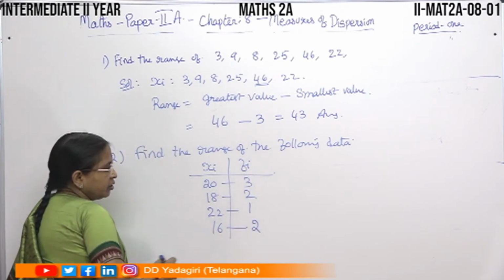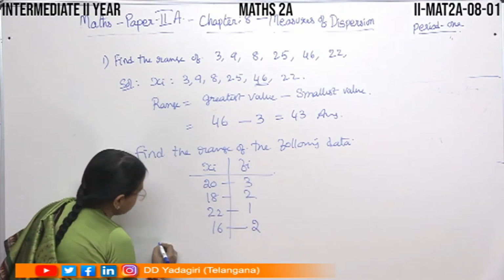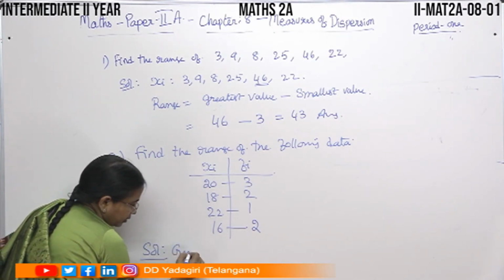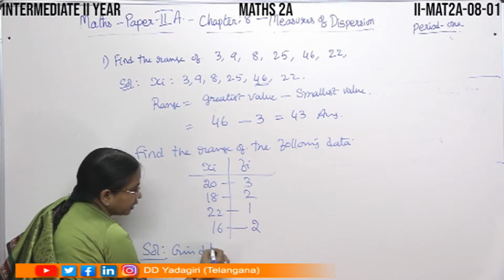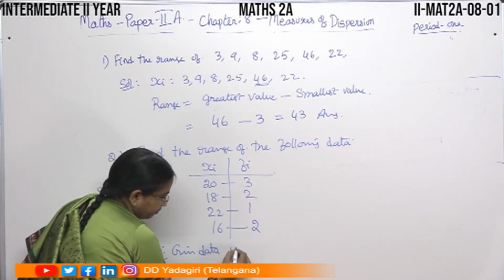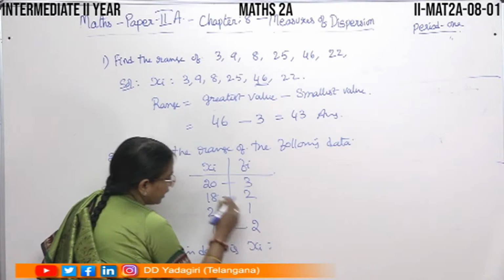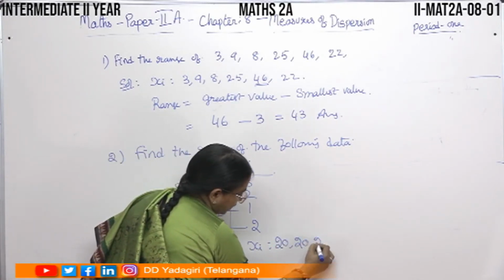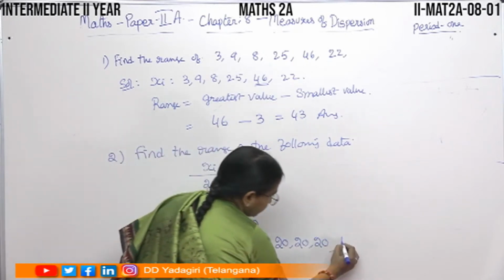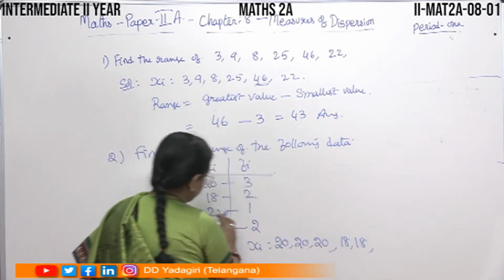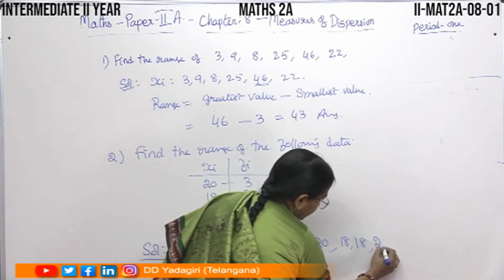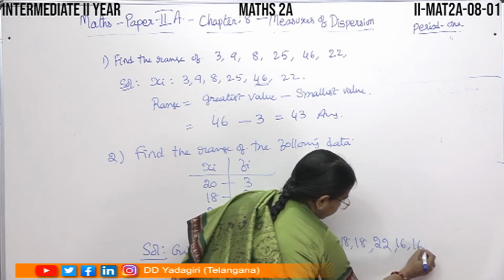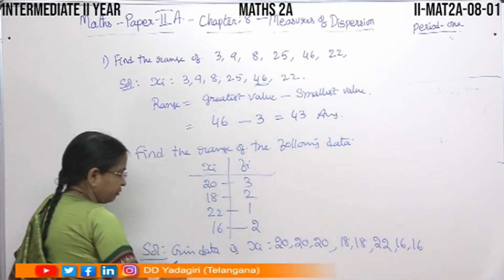Only 4 data values. So in the solution, the given data you can write in the form of raw data like this. 20 is repeated 3 times: 20, 20, 20. Then 18 2 times: 18, 18. Next 22 1 time. 16 2 times: 16, 16. So this is your raw data now.